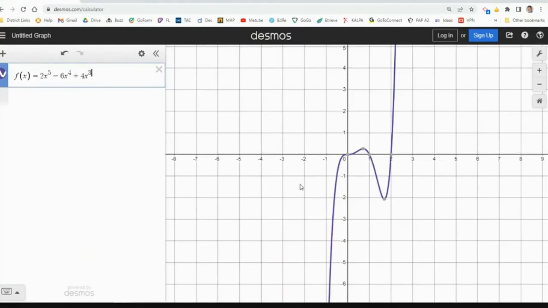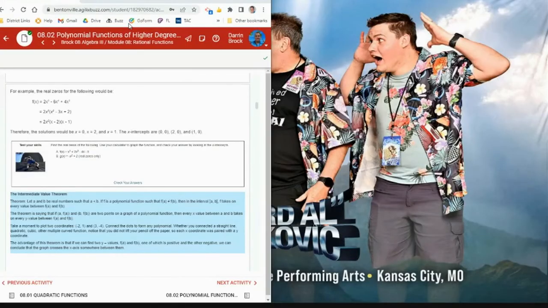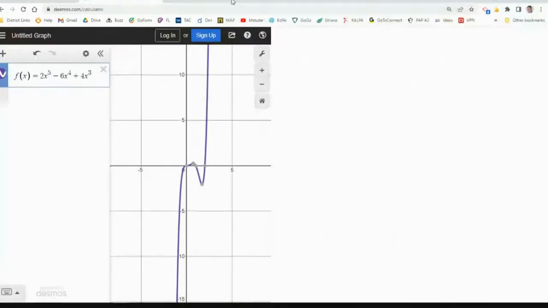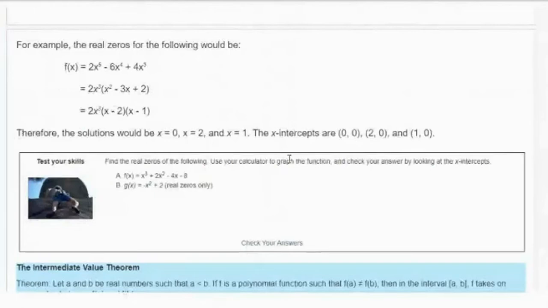Those are the solutions. We could also say those are the zeros. We can also say that those are the x-intercepts. And from that, we know what the factors are.